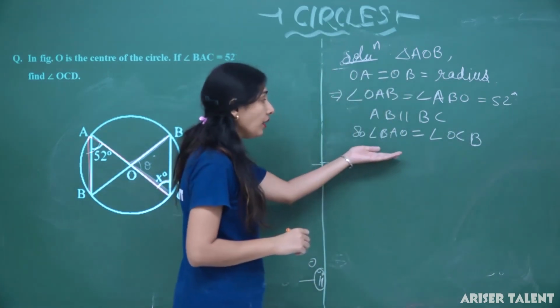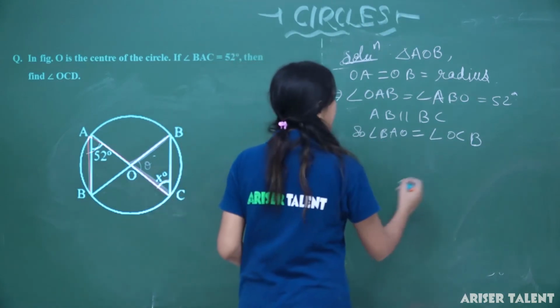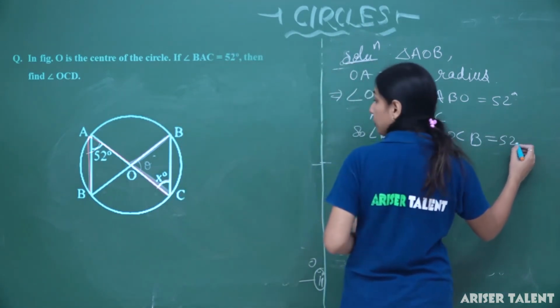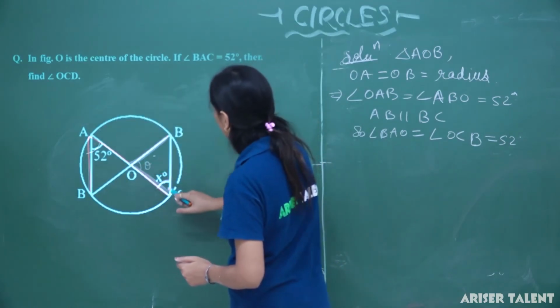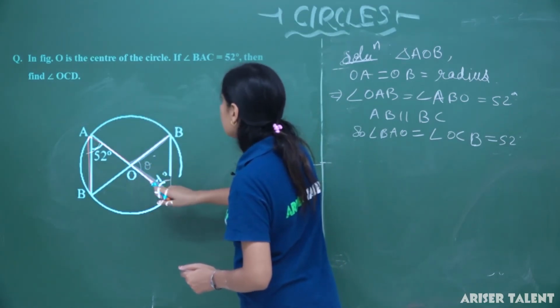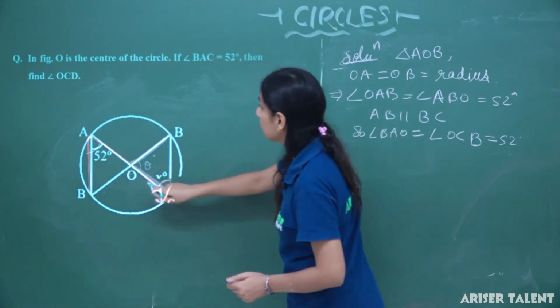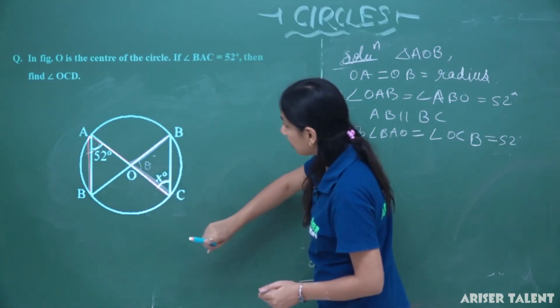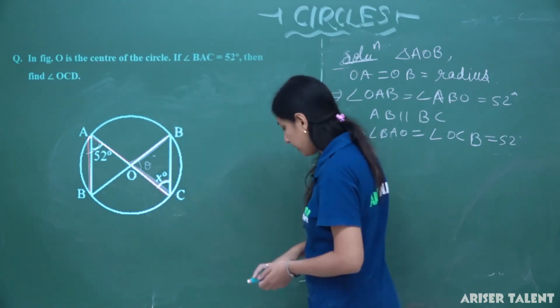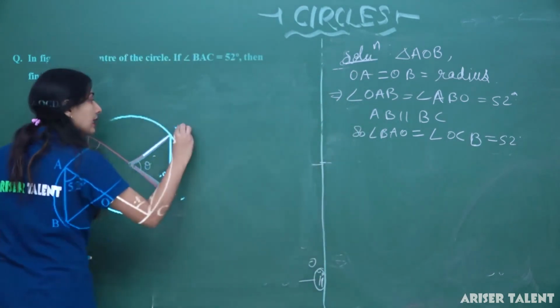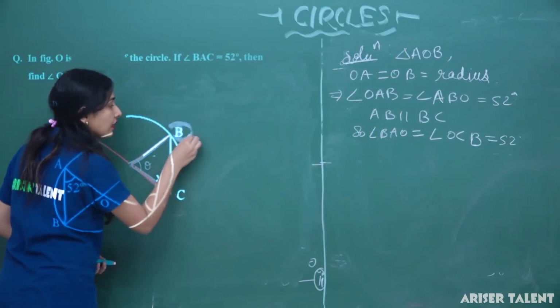Now, if these angles are equal, that will be 52 degrees. This angle will be 52 degrees. We have to find COD. This is OCD, sorry, OCD. This is not B, students, this is point D, right? So, mark it and correct it. This is point D. Okay.